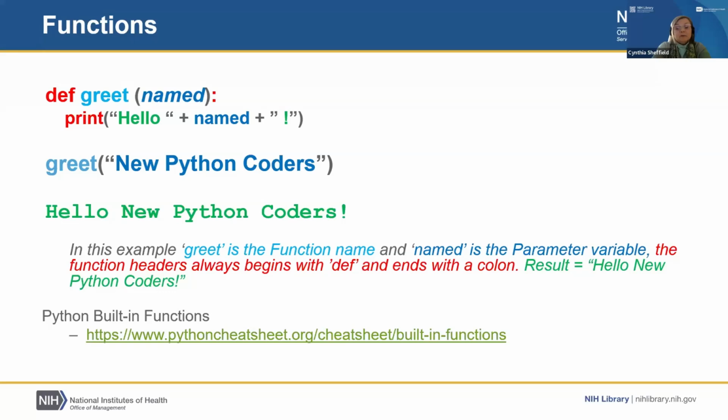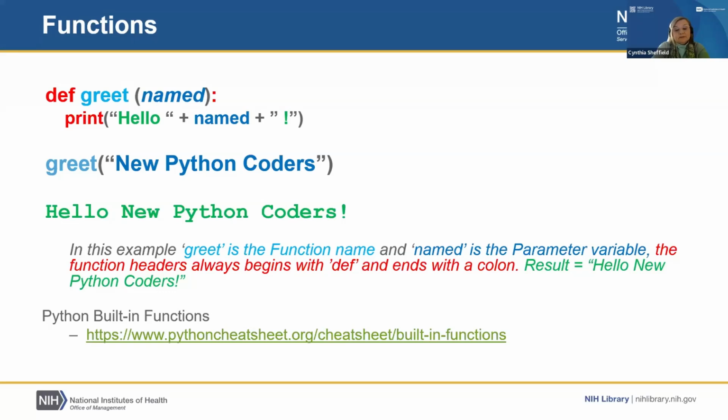The parameter variable named will equal whatever character string is defined by greet noted below the function. The function will print hello plus the value of name, and then we'll end the sentence with an exclamation mark. So this code will produce the statement, hello, new Python coders.